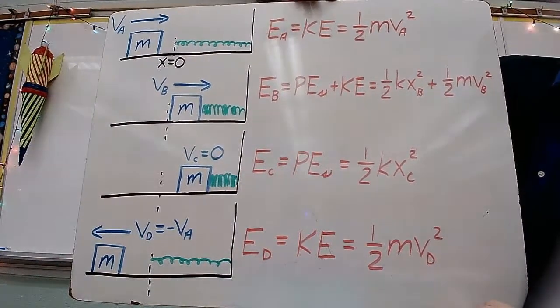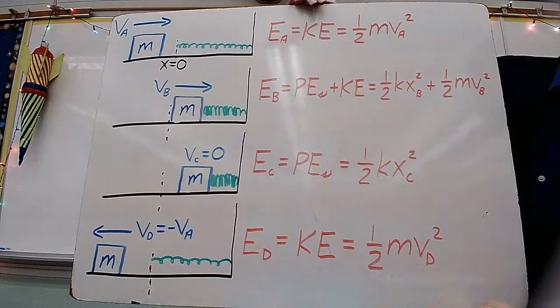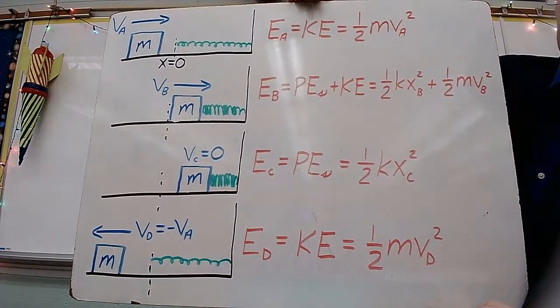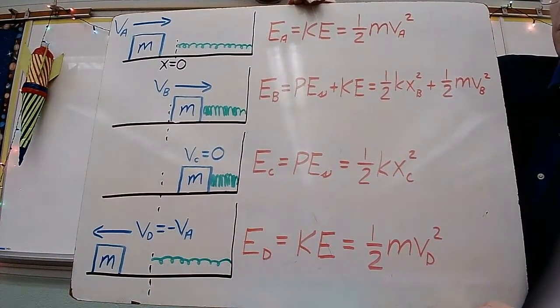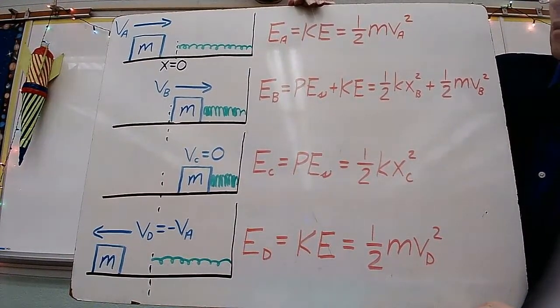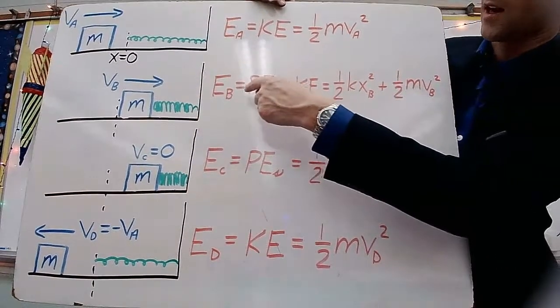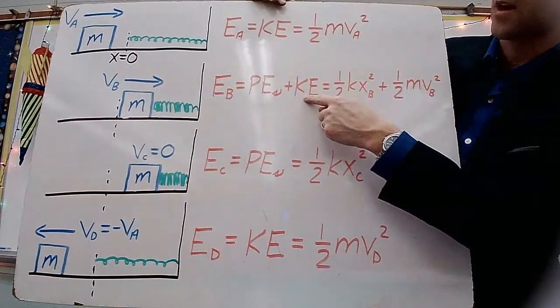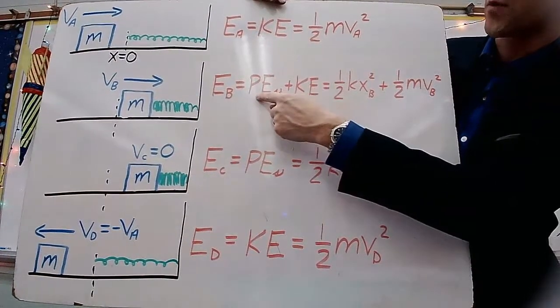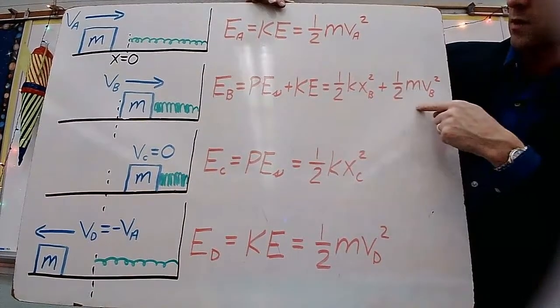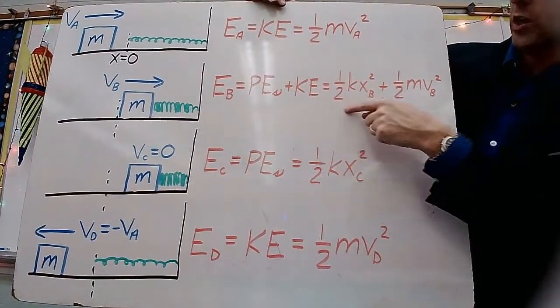Here, not only is the mass still moving, but it's also compressing that spring. So we've got two kinds of energy going on here. We have kinetic energy, because the mass is moving, and we've got spring potential energy. And when you add those two together, this is what those expressions turn out to be.